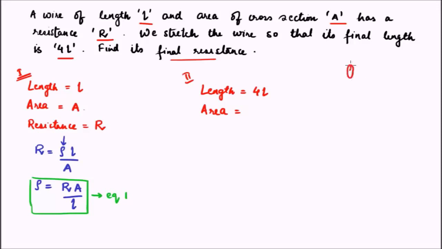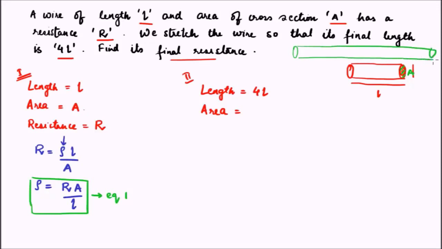Suppose we had this as my initial condition. This would be L and this whole cross-sectional area would be A. Now what has happened is that the length has increased to 4 times L. Therefore this area must have reduced.